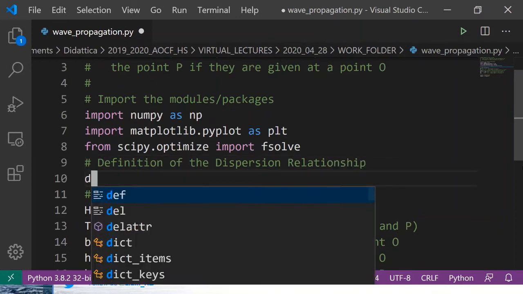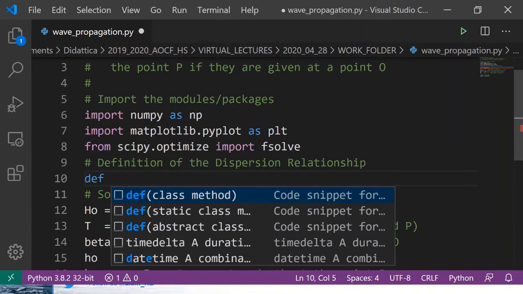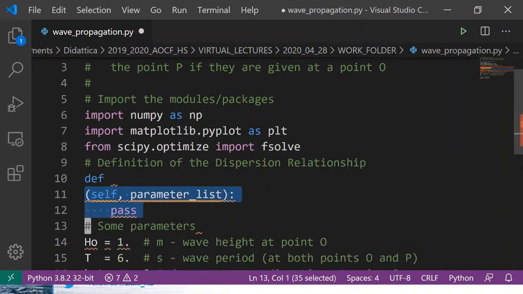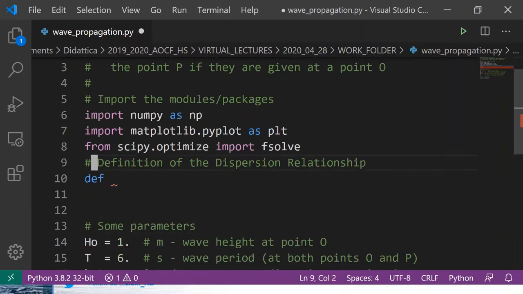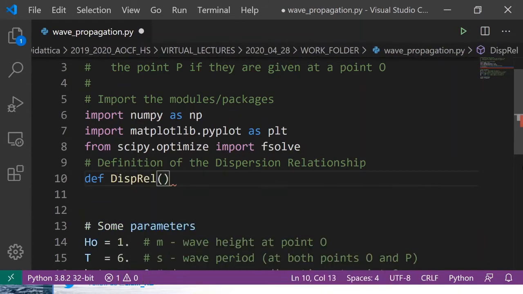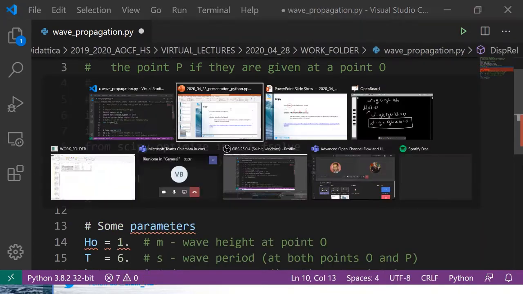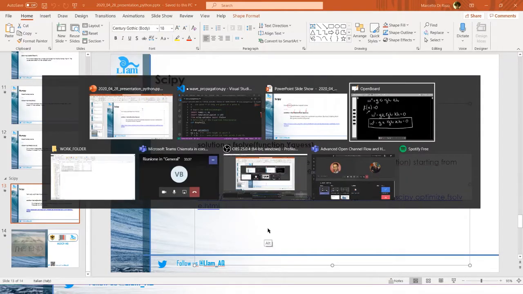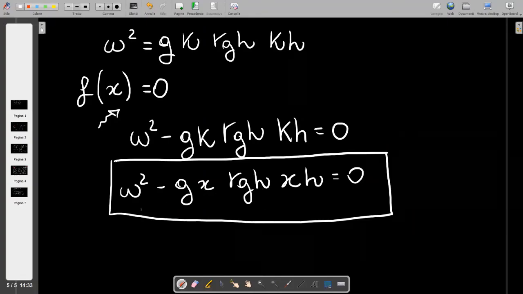And if you remember, a function can be defined with the keyword def. Then we need to write the name of the function, disp rel, and the argument of the function. As you can guess here, the function are omega, h, and of course the unknown x.